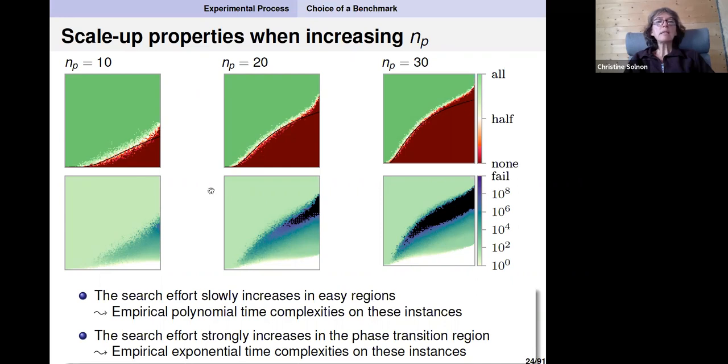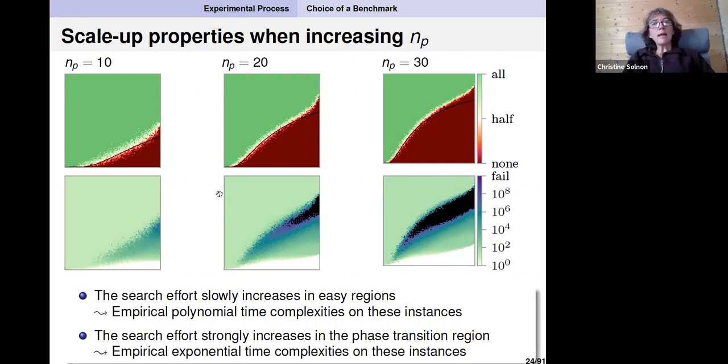The difficulty slowly increases when increasing the size of the instance. Whereas if we look at instances which are in the phase transition region, we observe exponential time complexities. So it means that the hard instances for which we have exponential time complexities in practice are within the phase transition region.